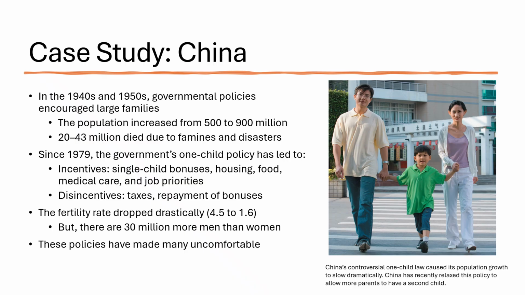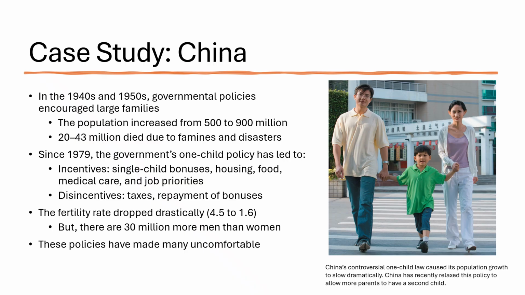In 1975, the government decided to put in place a one-child policy. Families that had just one child were getting some bonuses: financial support, easier access to housing, food, medical care, and job priorities.